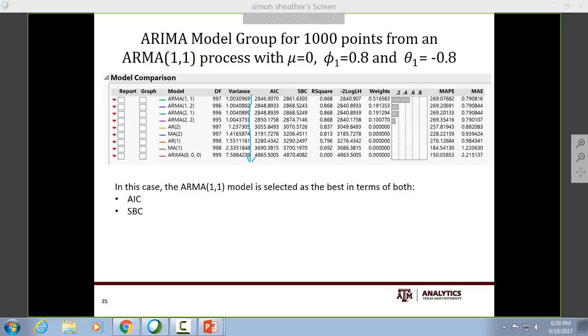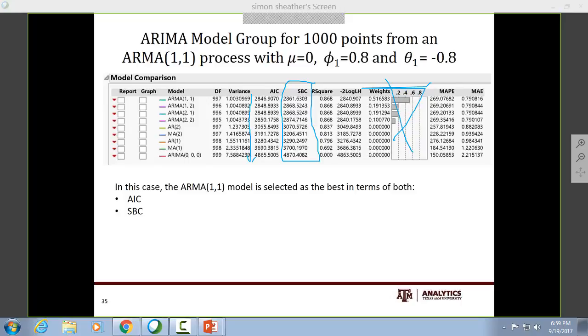It also does weights based on the AIC, and I find these completely useless because I don't look at AIC, I look at SBC, and you'll see as soon as this week when you look at the homework why AIC tends to overfit models.